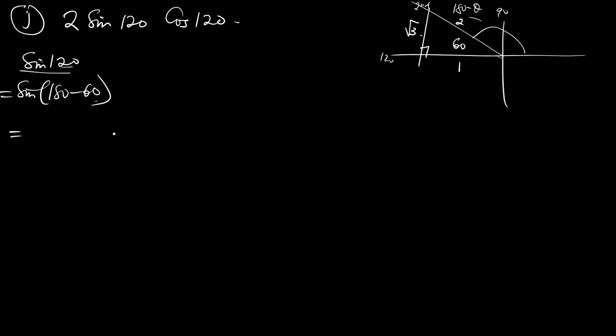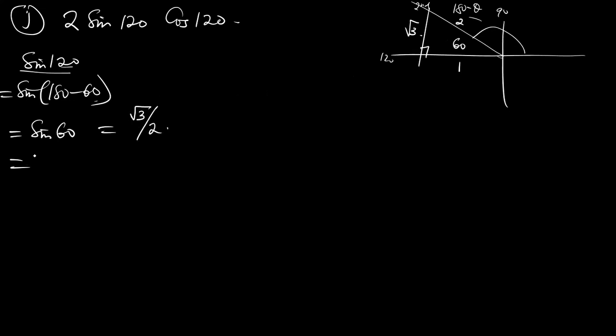Sine is positive in the second quadrant, so this will now be sine 60, which is equal to opposite over hypotenuse. This is the opposite of this angle, which is the square root of 3 divided by 2.